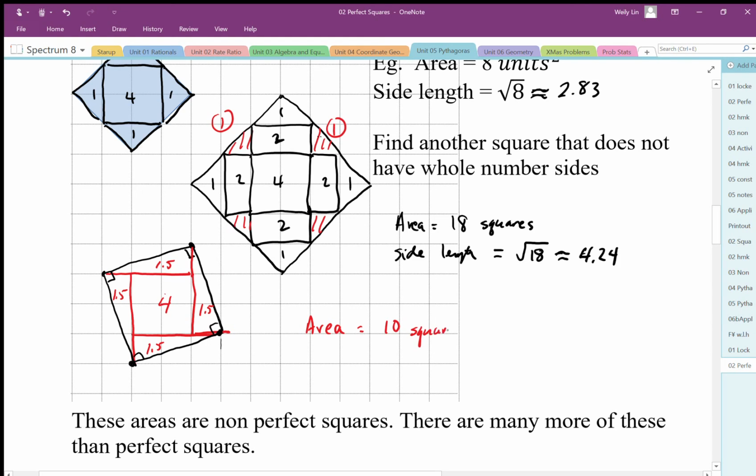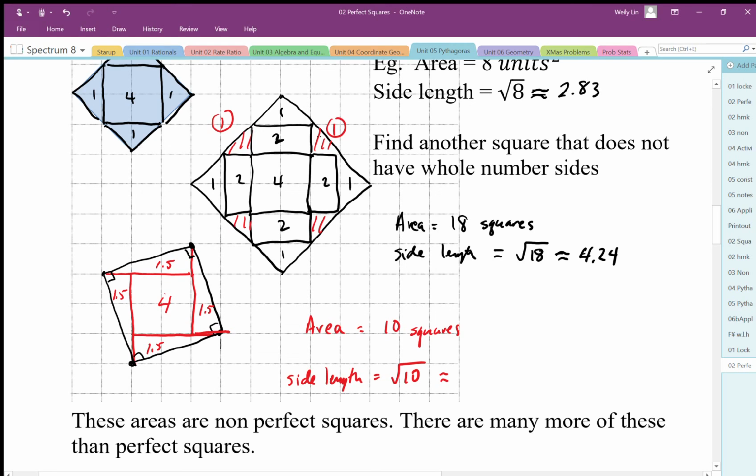Now again, notice that 10 squares is not a perfect square. So this is not a perfect square side length. So the side length works out to be the square root of 10, which is just a little bit bigger than 9. So it should have a length of just a little bit bigger than 3.